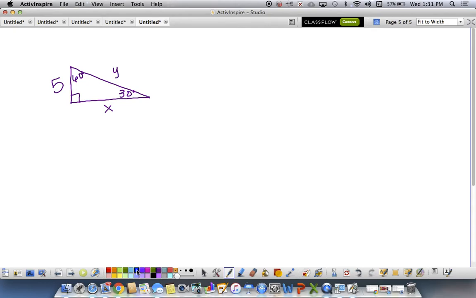So find x and y, and then find the exact value of the perimeter. So you have to find x and y, and then what do you do to find the perimeter? Of the right triangle that's drawn there. Only the triangle that's drawn there.